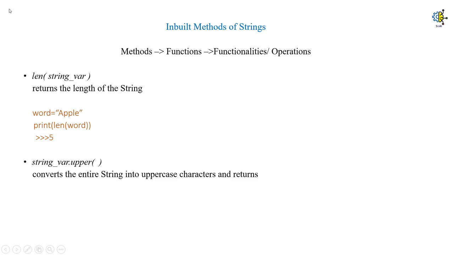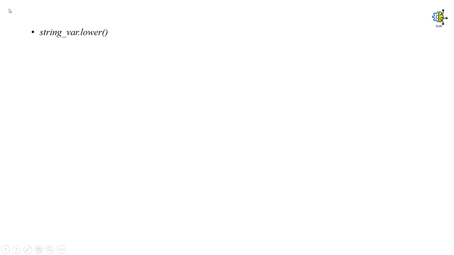The method upper is used to convert the entire string into uppercase characters, and return the converted string. Let's take a look at an example. Here we have a word banana. Now, if I print word.upper, I'll get an output with all characters in uppercase.